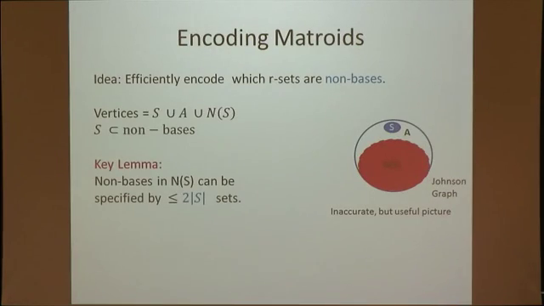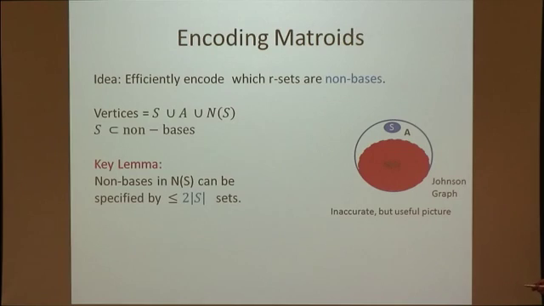And the picture to keep in mind is that if I find a small set S, and if I think of the Johnson graph, maybe these are all the neighbors of this set. In the previous setting, I could say in my independent set, none of this can lie, and my independent set can only lie here. But now, because we don't have an independent set, maybe you also include some guys from here as your non-bases. That's the whole complication.